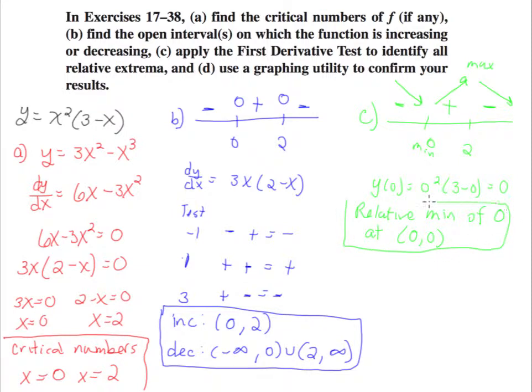We're going to repeat this process for our relative maximum, because again, the first derivative test says you have a relative maximum when your derivative switches from positive to negative at the critical value. So at x equals 2, I end up with 4. So I know I must have a relative maximum of 4 at the point (2, 4).